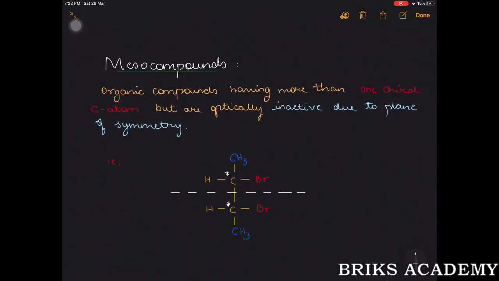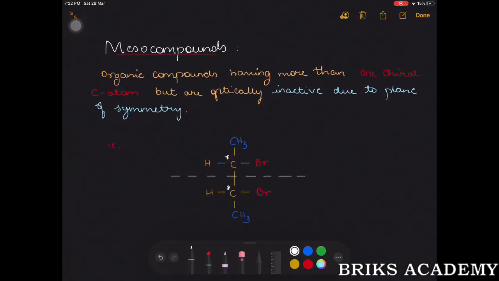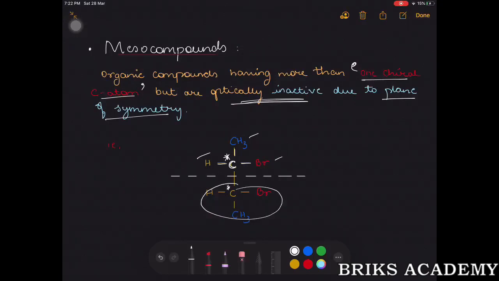Mesocompounds. What are mesocompounds? These are organic compounds which have more than one chiral carbon atom but are optically inactive due to a plane of symmetry. That is, when you consider this example, the compound contains 2 chiral carbon atoms. The first chiral carbon atom has 4 different groups.